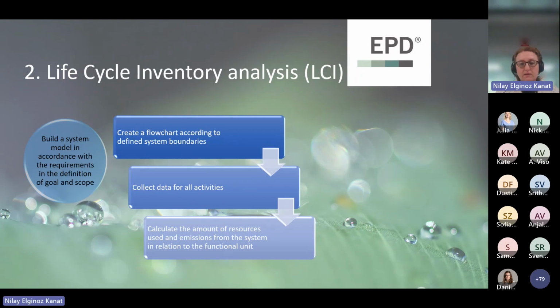So foreground data is the data that you collect, and we have this background data. Mostly we use databases for that. That gives you, for example, if you produce electricity from coal, what are your environmental impacts? And then you connect these flows, you connect these processes. And then you can calculate everything for the one functional unit.